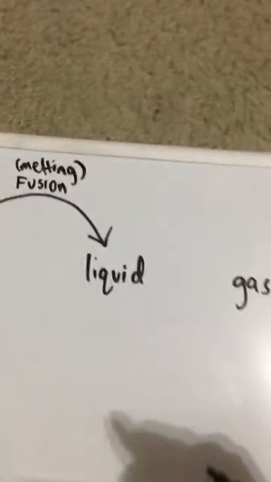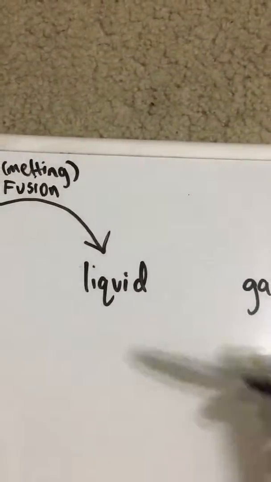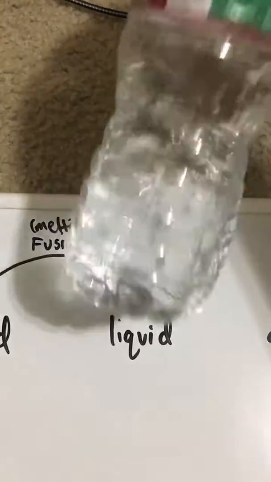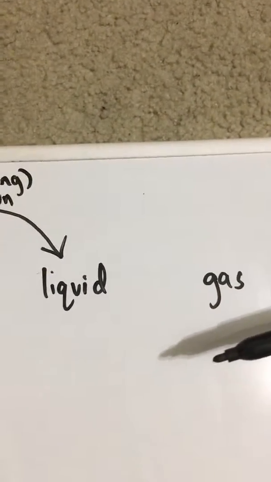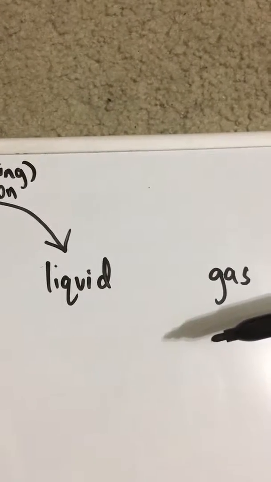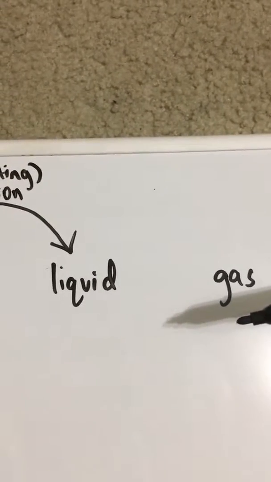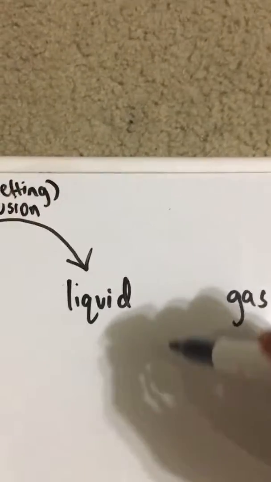Alright, now from liquid to gas. So we got the ice cube, now it's water. Alright, how do you get from liquid to gas? Think about where you might have seen it. Hint, it's in the kitchen.